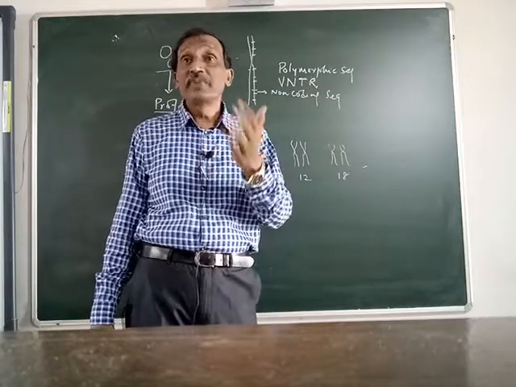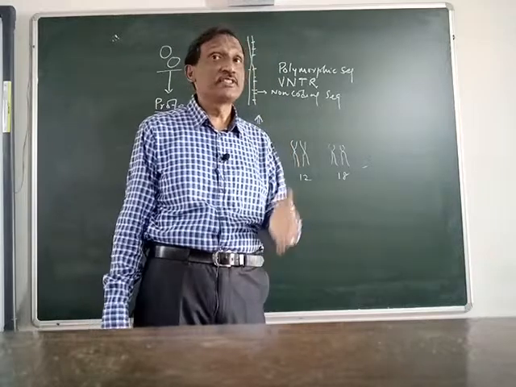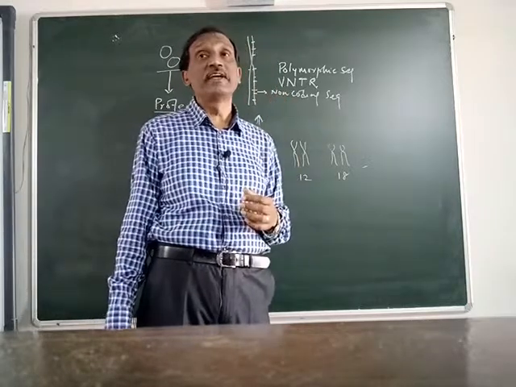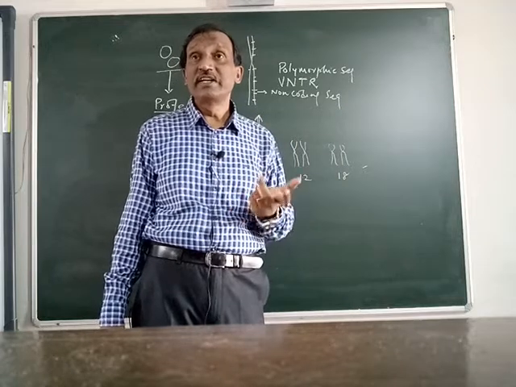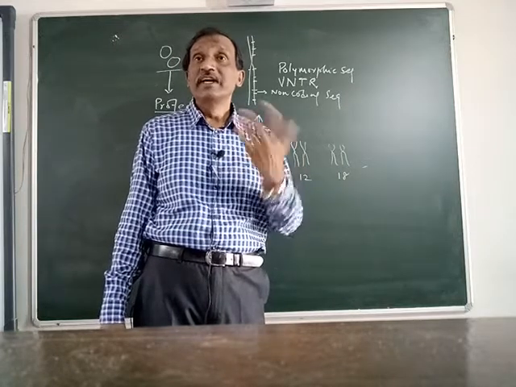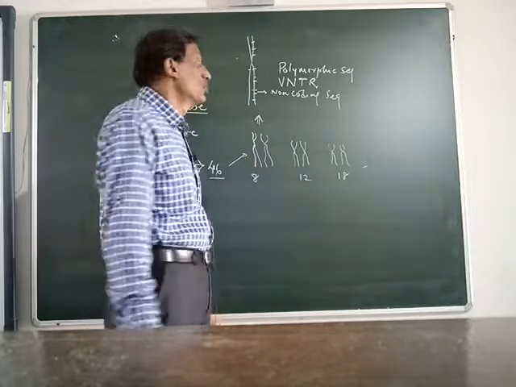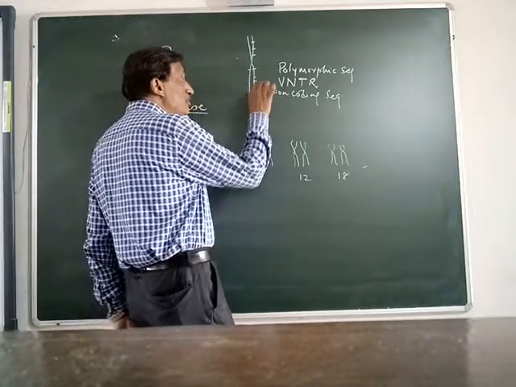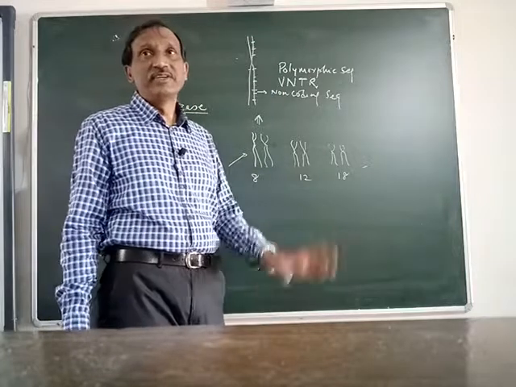Or suppose in respiratory glycolysis, we have studied so many enzymes are there. If one of the major enzymes is not there, then the process of glycolysis will not be taking place. How will the energy be obtained? Such a person will not survive, or it will be very difficult for him to survive.